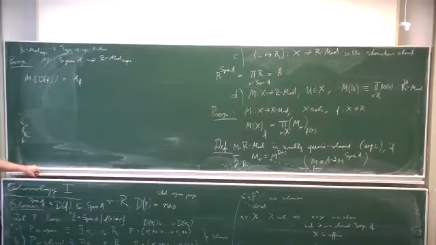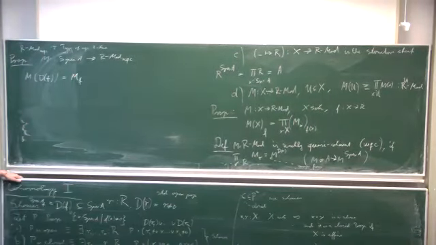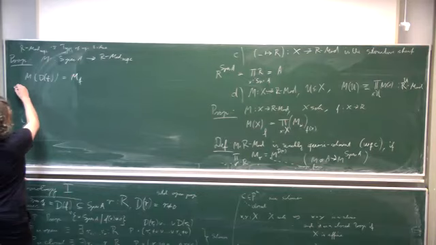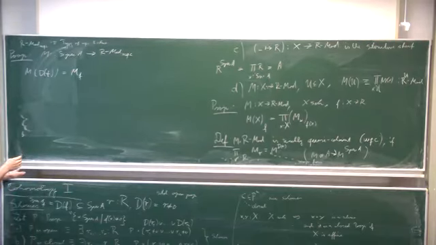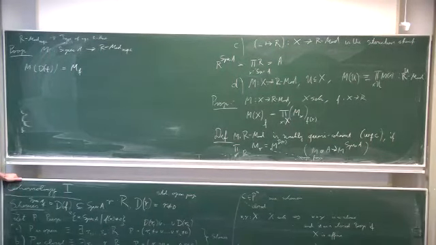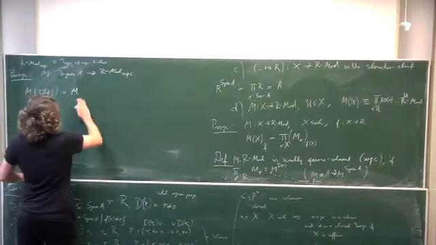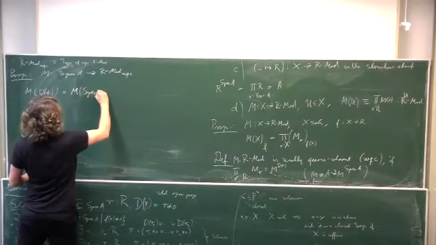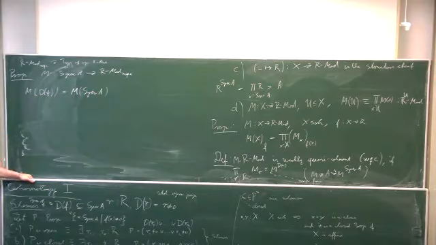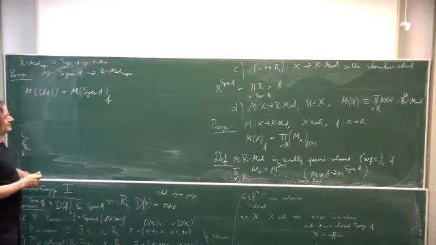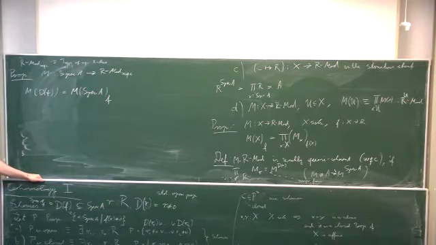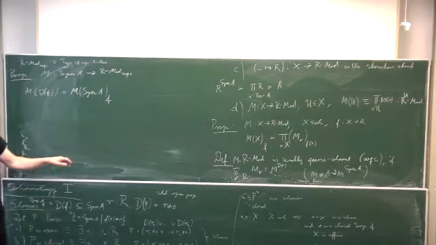It would be M localized at r. M is an A-module. Take the module of global sections, localize that.